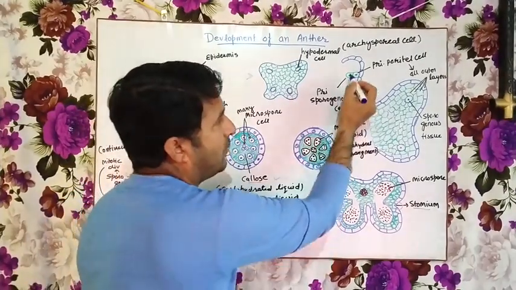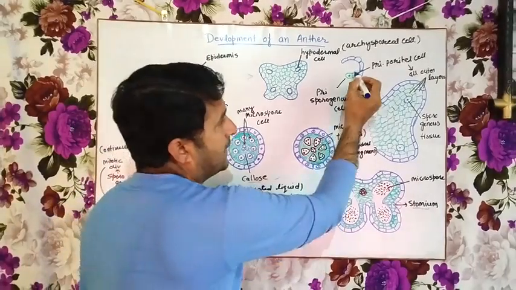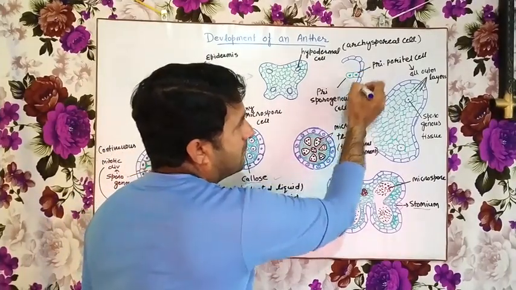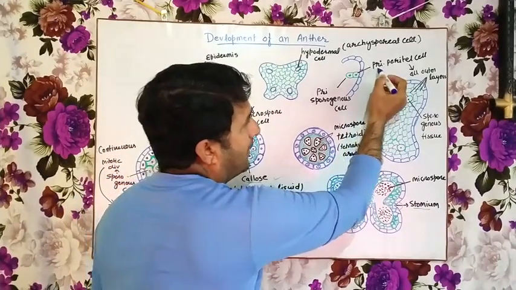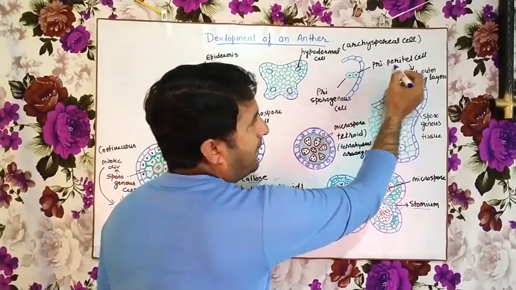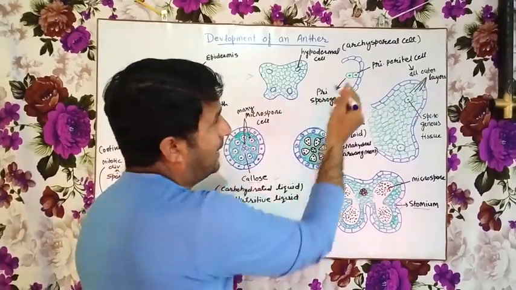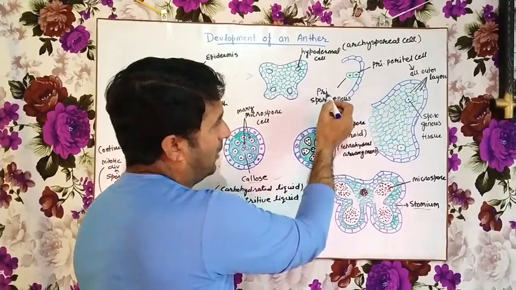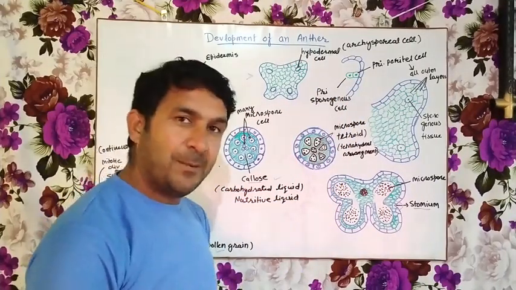Okay. So here you can see two new cells. The cell which is present towards the epidermis is called the primary parietal cell. Okay. And the cell which is present inside it is called the primary sporogenous cell.